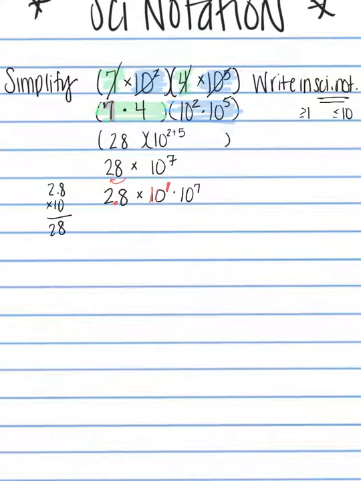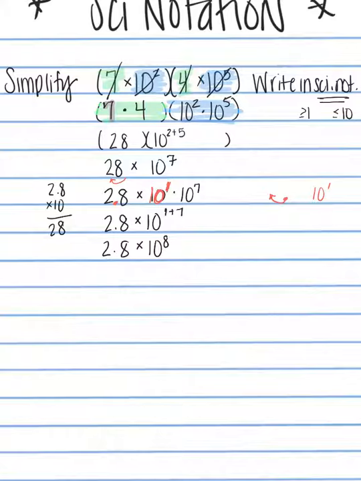I've got this 10 I've got to multiply by to get back. So now I'm back to 2.8 times 10 to the 1st plus 7th, or 2.8 times 10 to the 8th. This is my final answer. Just to review, if you're going to move a decimal point in over here, then you're going to have to add another 10 that you multiply by.